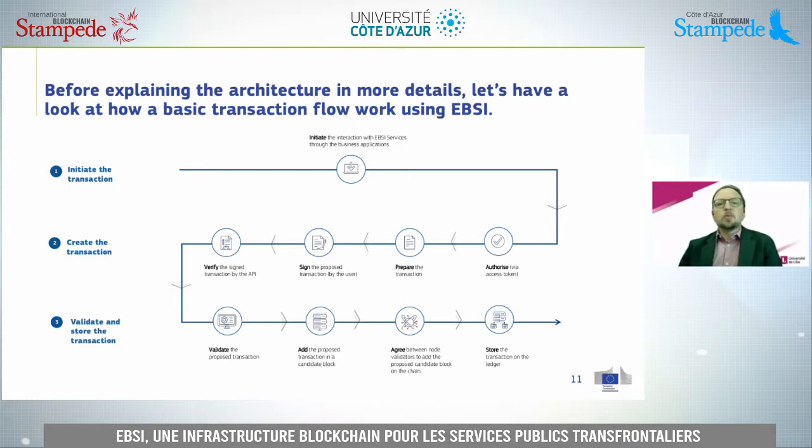Then you prepare the transaction itself, the file representing the transaction. Then the proposed transaction is signed by the user. This verification, this signature, and the format of the transaction is verified by the API, and then you can validate and store the transaction. So this is a decentralized validation.